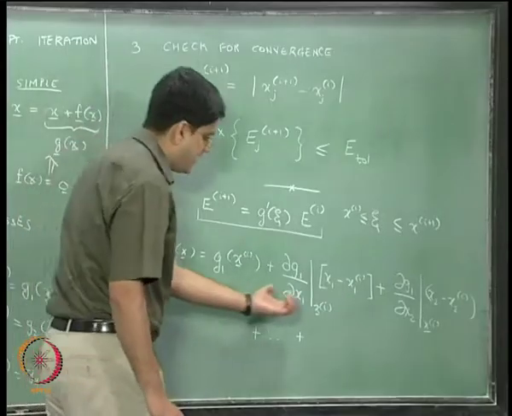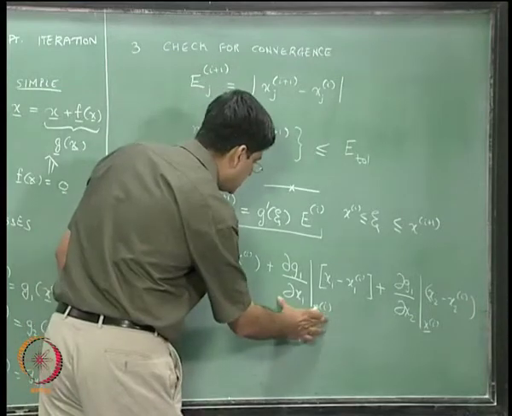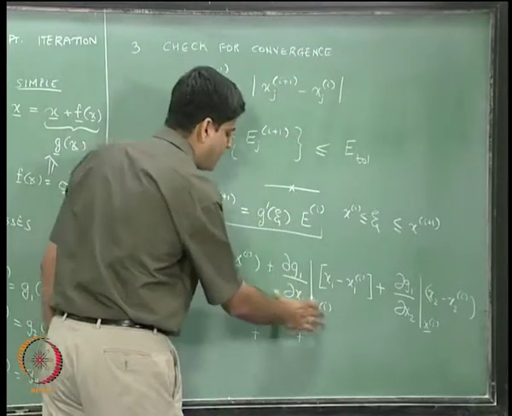Keep in mind that for a single variable this is the same as g dash of zeta.